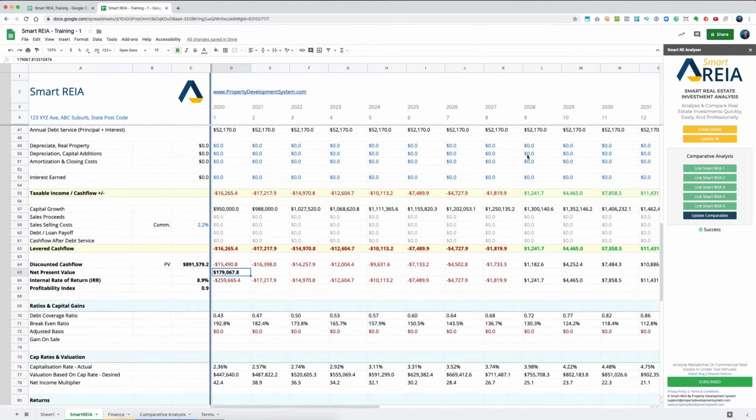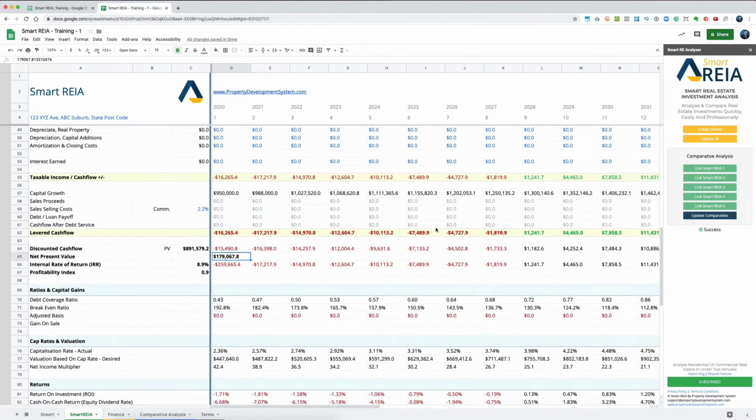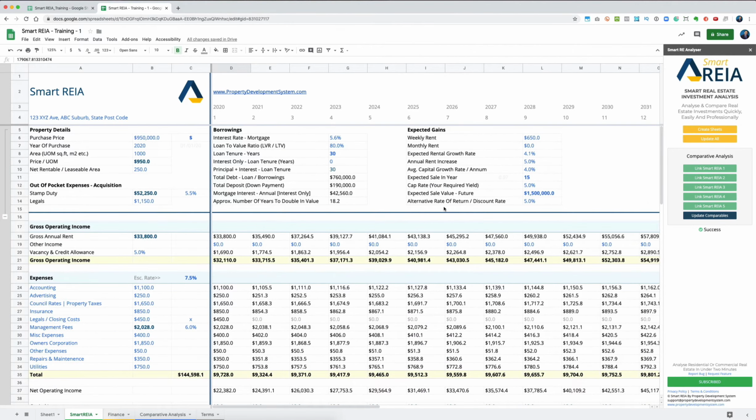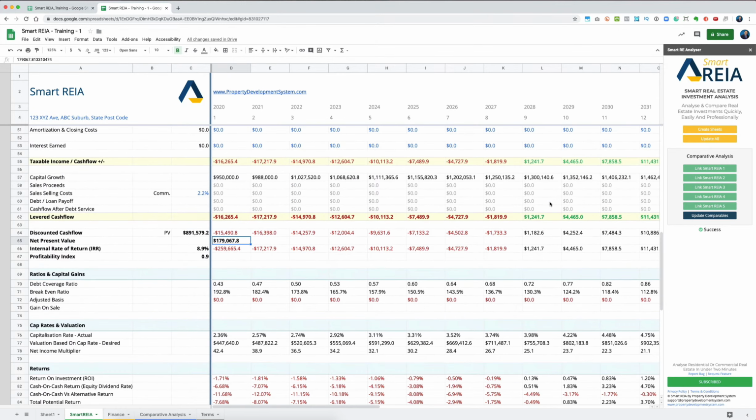Now, if the present value of the cash flow is less than the amount of the investment, so let's say if this was a negative number, then you have a negative NPV, which basically means that you are not doing as well as the specified rate of return. If your NPV comes out to zero, you can go with either your alternative rate of return or your discount rate or wherever else your money is making 5%, you're making exactly the same.